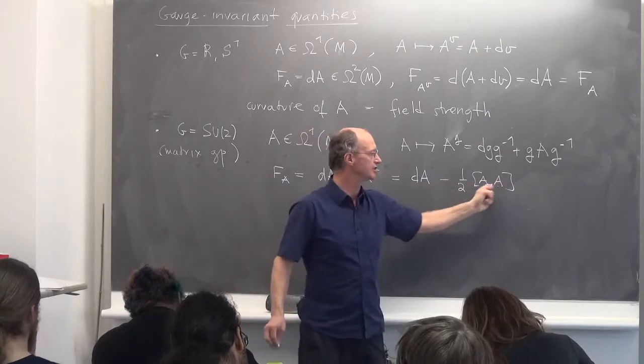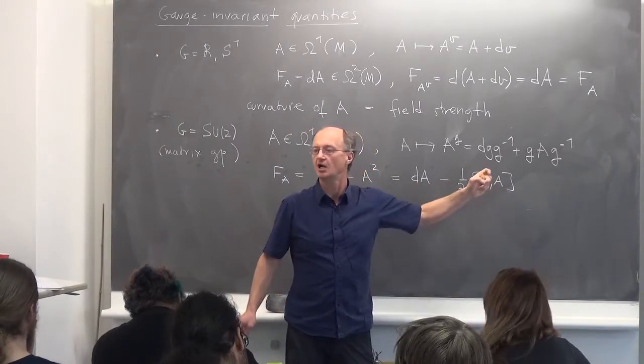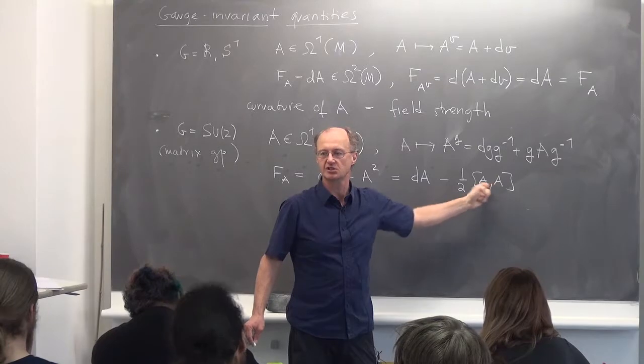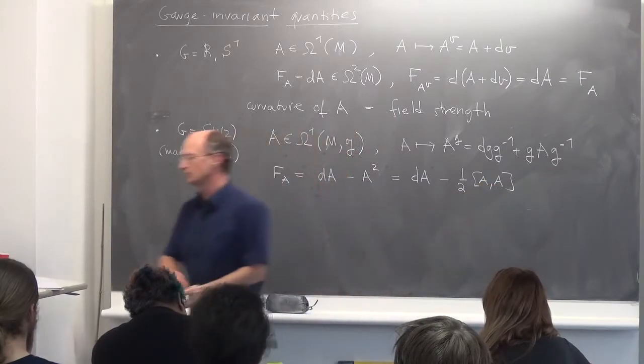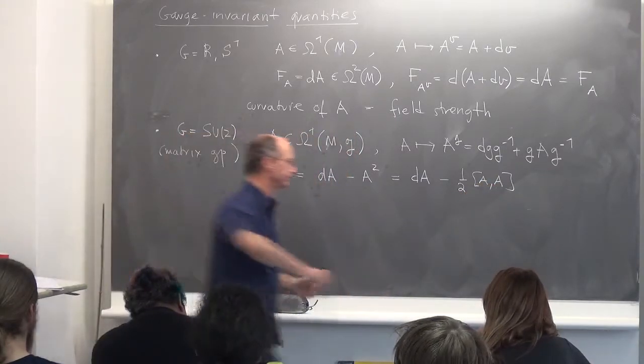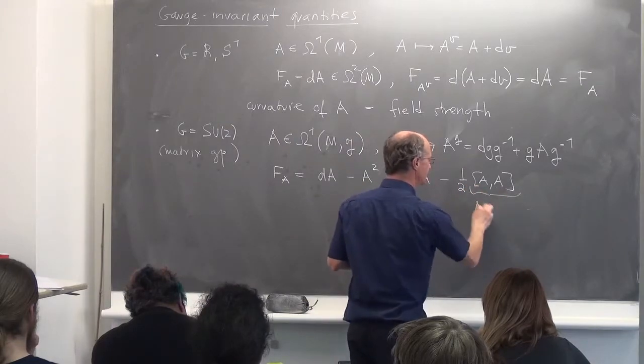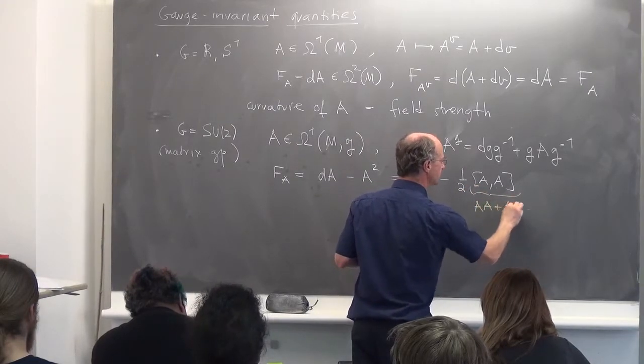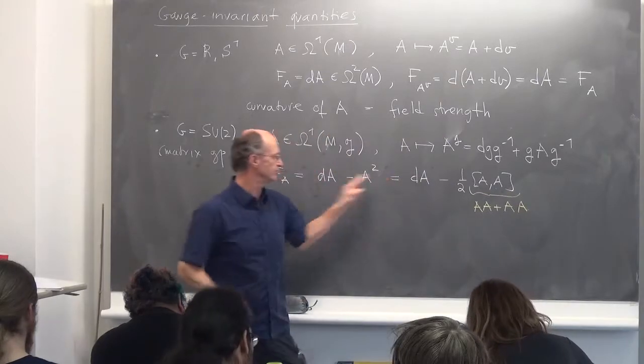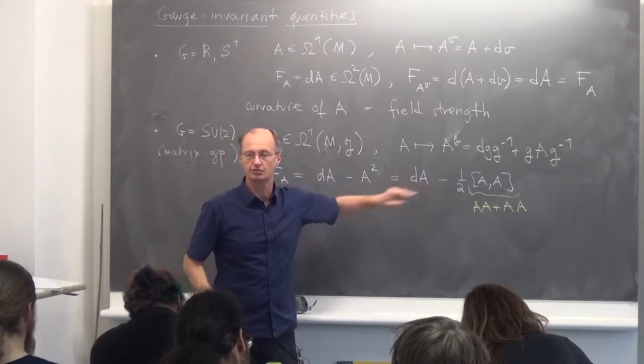Note that since A's are odd objects, this is an anti-commutator, which means that in fact, by definition, this is A times A plus A times A, which explains the equality between the two definitions.